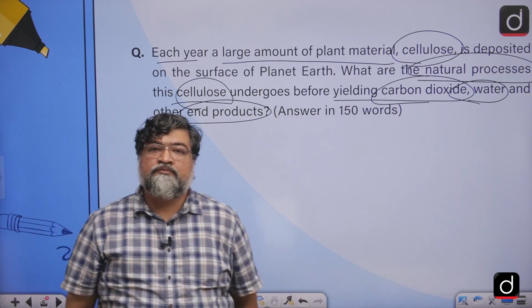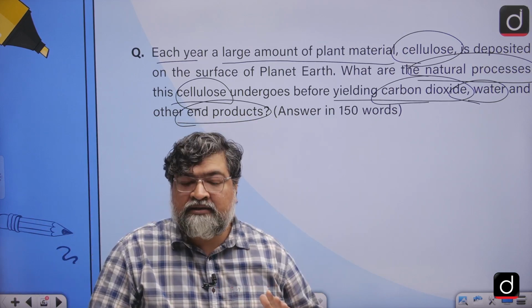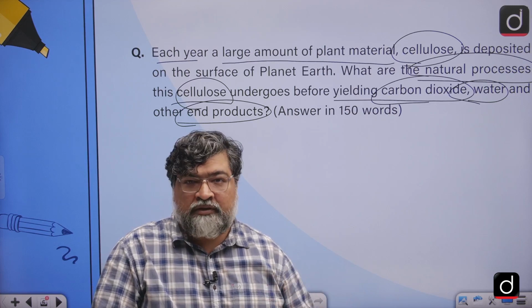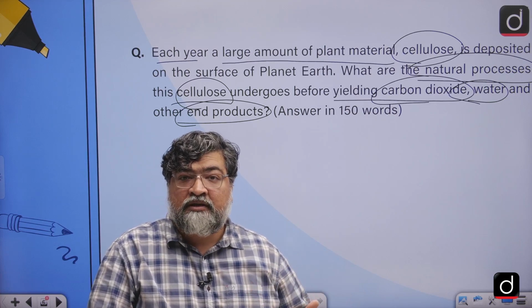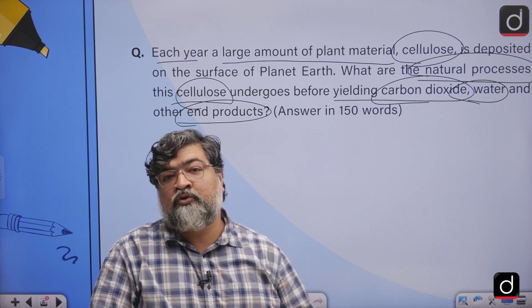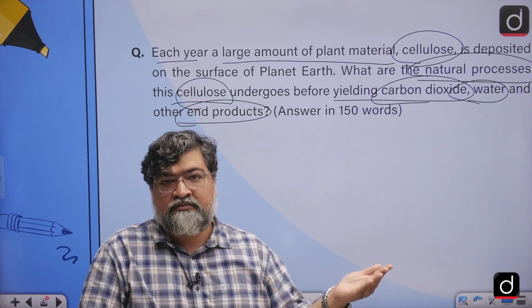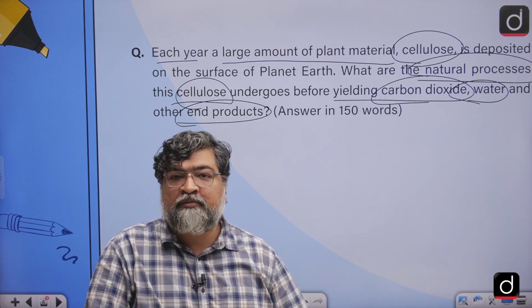A direct question here. That means first it gives the idea that a large amount of cellulose is made on the earth. Now, what are the natural processes which convert this cellulose into carbon dioxide, water, and other end products? That is a direct question asked in the question paper.